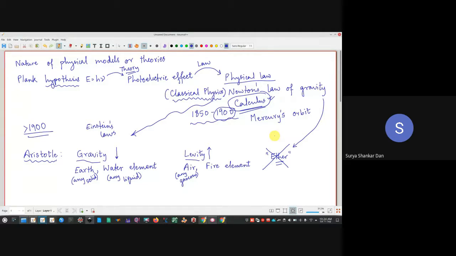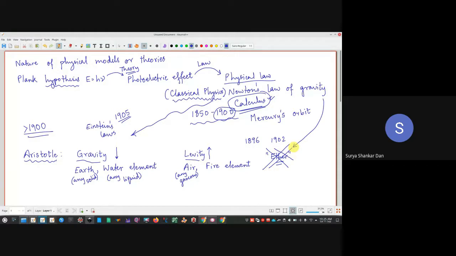Please note that Swami Vivekananda died in 1902. His lectures in Chicago, which made history, were given in 1896. Einstein's laws were published in 1905. So in 1905, when Albert Einstein refuted the idea, he mathematically proved that the concept of ether is nonsense.